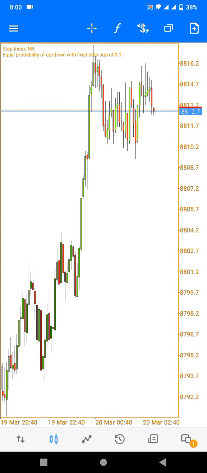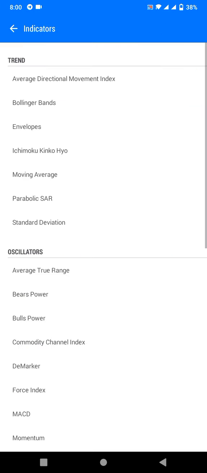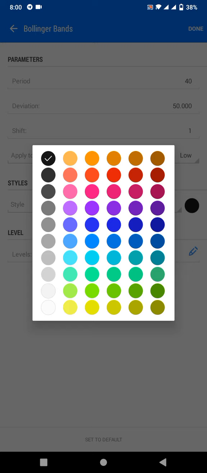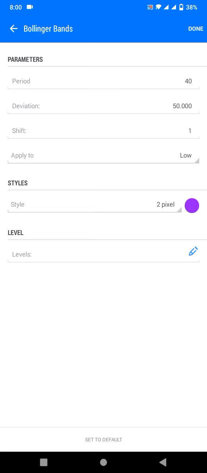Setting. First of all, we'll click on this F icon and go to Bollinger Bands, and the setting is already mentioned there. Just click on this. Apply to low. Period will be 14. Deviation, shift, apply to low. And choose any color you like. I will go for black, or I will go for this color.